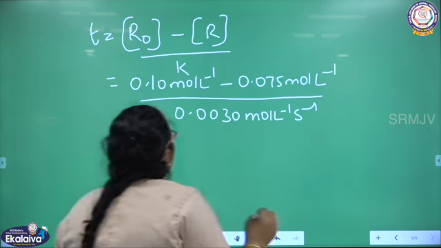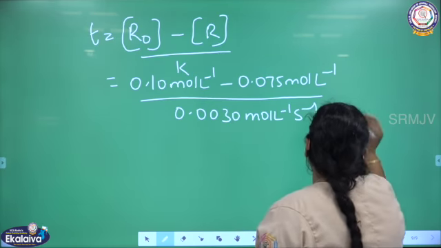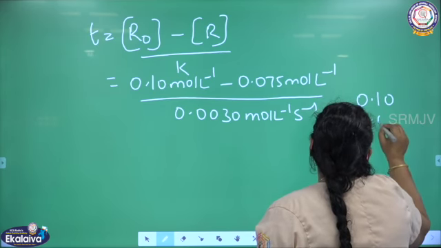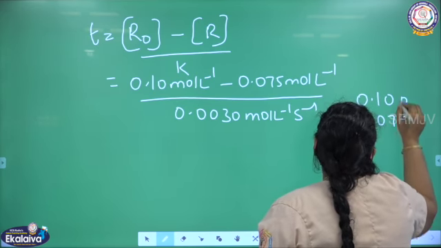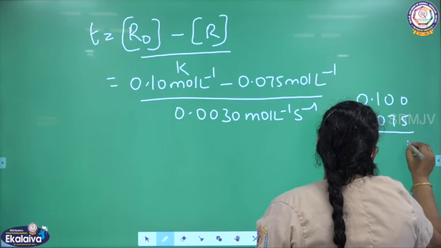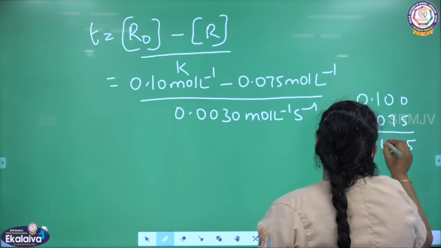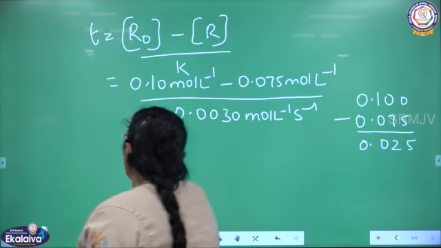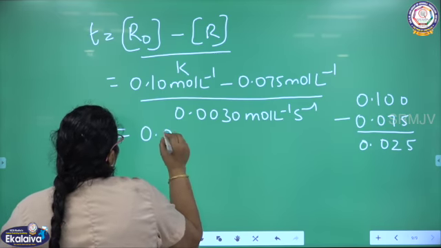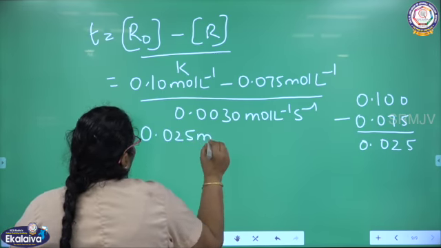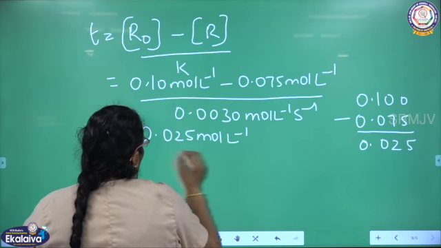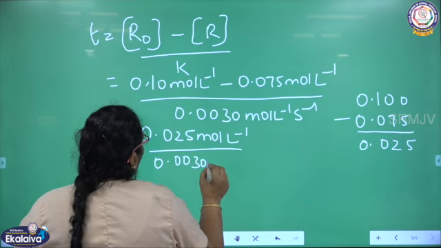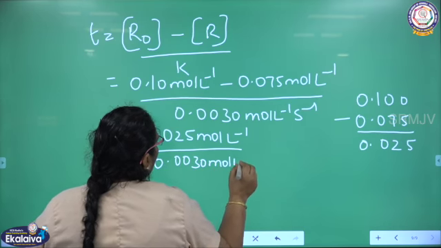Substitute now. You see the numerator. What are the values in the numerator? 0.10 minus 0.075. What will you be getting? 10 minus 5, 5; 9 minus 7, 2; 0. So you will be getting 0.025 in the numerator. What is the unit? Mole per liter divided by 0.0030 mole per liter per second.